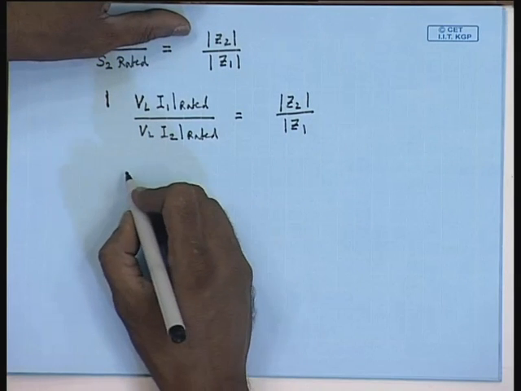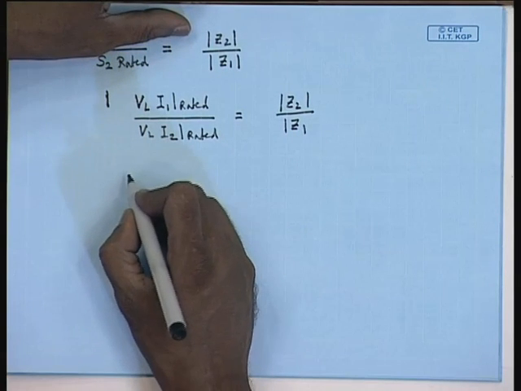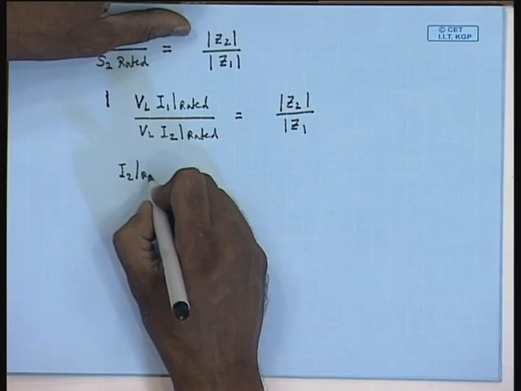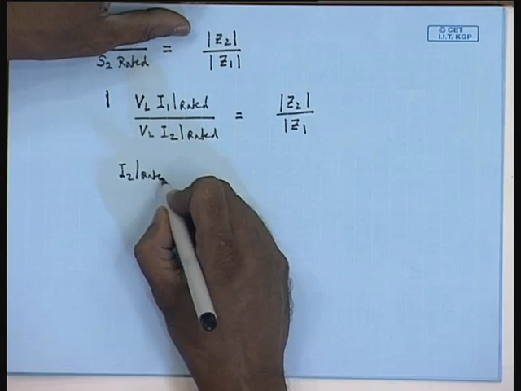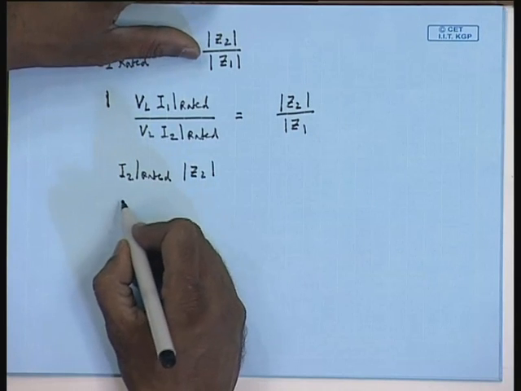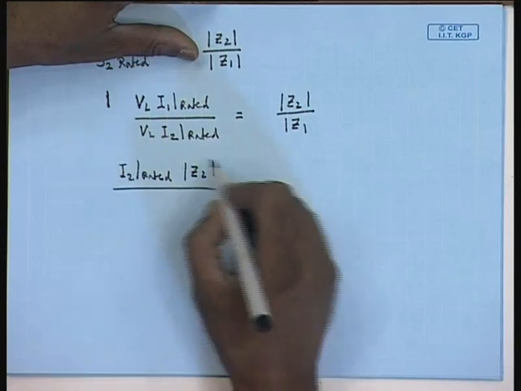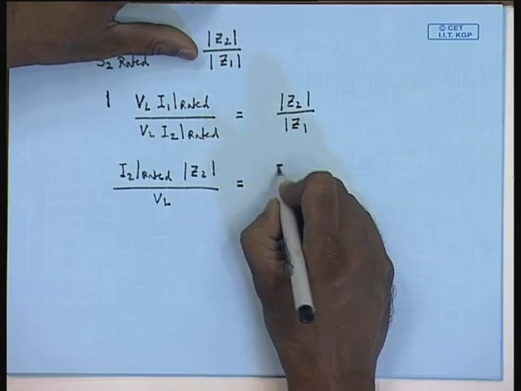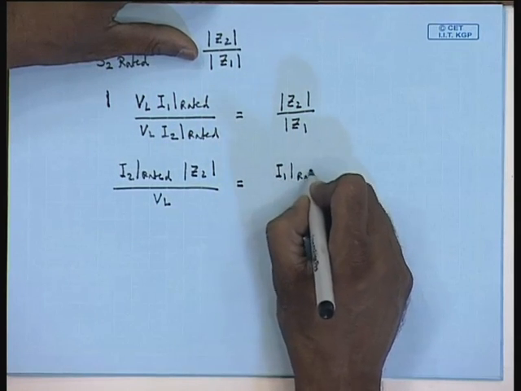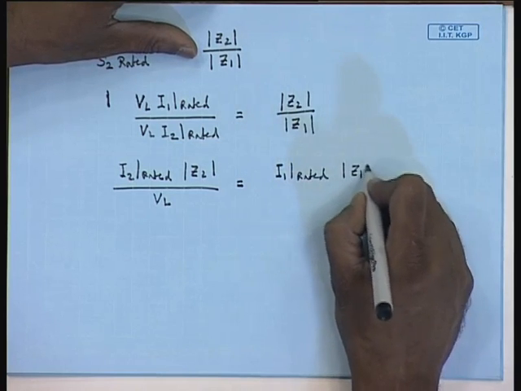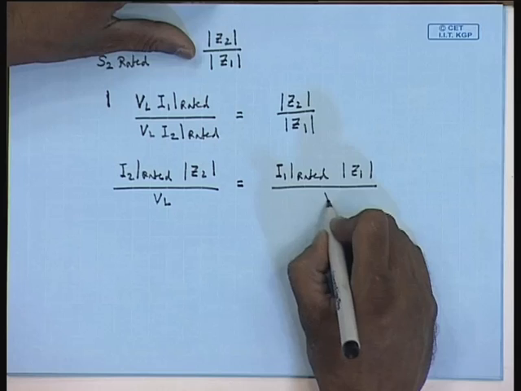Or we can write I2 rated into mod Z2 divided by VL equal to I1 rated mod Z1 by VL.